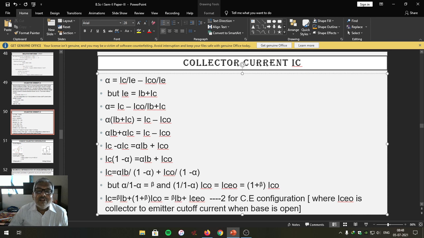ICEO is, as like in common base, collector to emitter cutoff current when base is open. Here base is absent. In previous case, it was collector to base cutoff current when emitter is open.